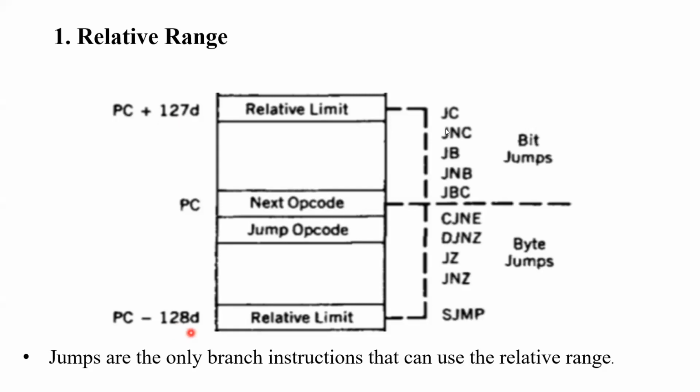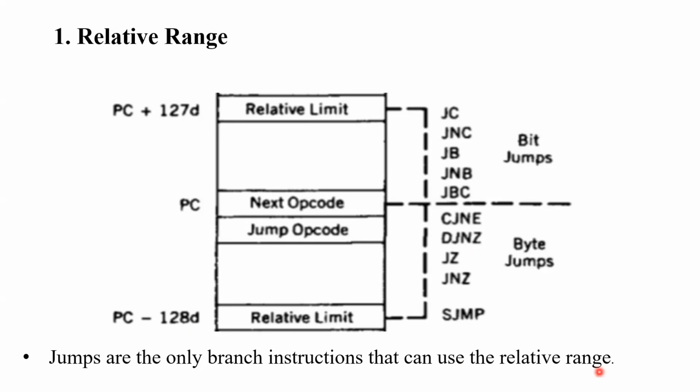Most of the instructions we have, such as jump carry, jump no carry, jump bit, jump no bit, jump bit and clear bit, compare, the decrement jump instructions, and jump instructions with respect to zero and non-zero, fall under the category of relative jump. It means that the jump is only between plus 127D and minus 128D. And the jumps are the only branch instructions that can use the relative range.